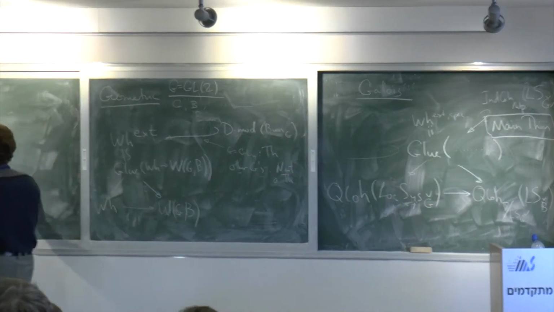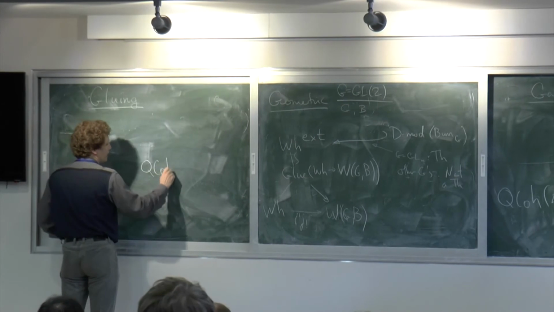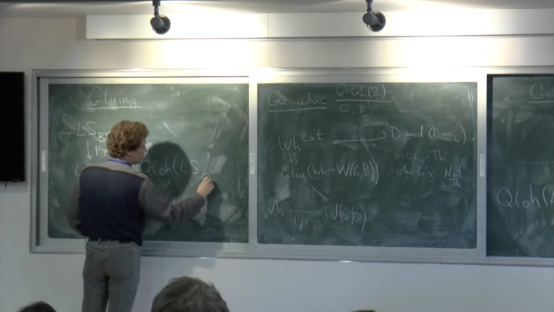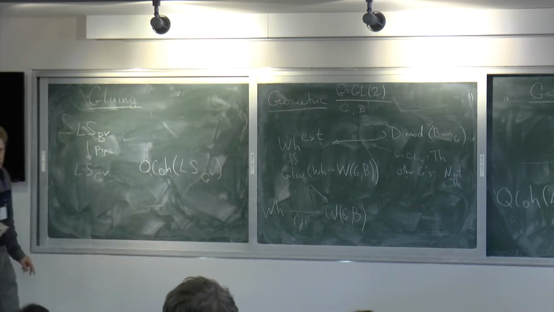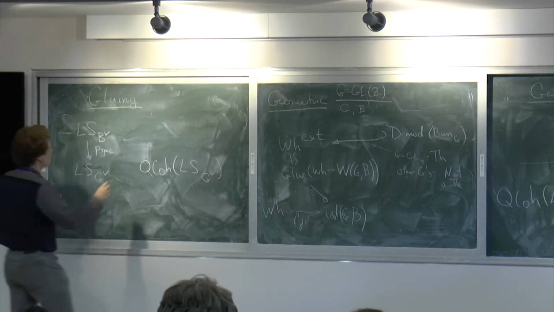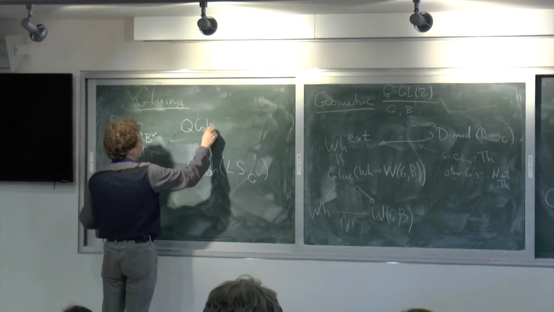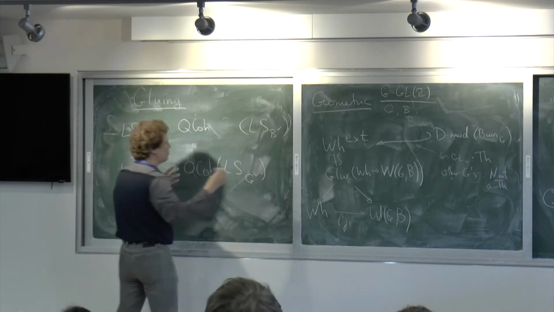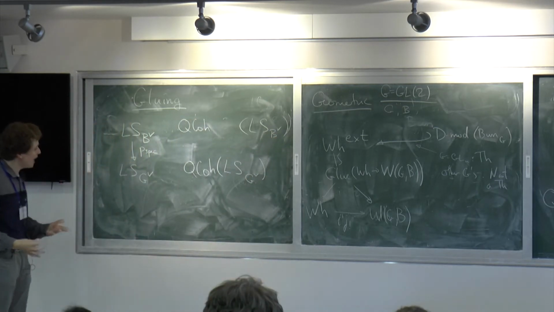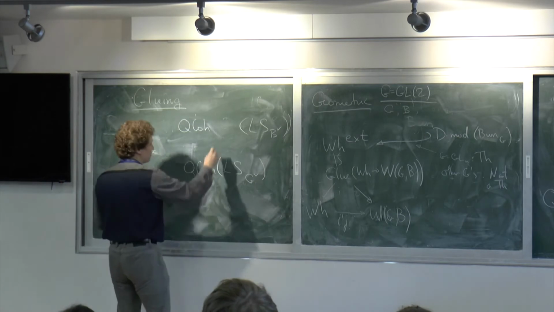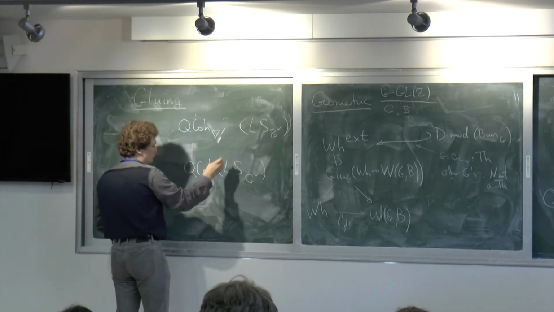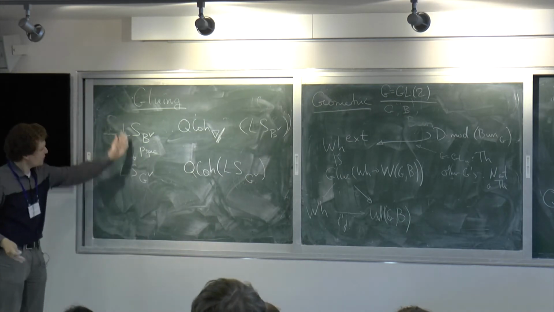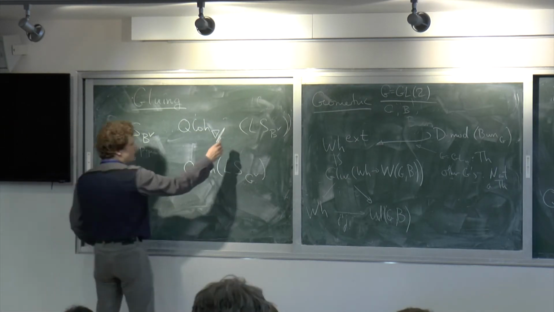So there's the category of quasi-coherent sheaves on local systems, and there's a category of quasi-coherent sheaves on, I guess, local systems with flags. But these sheaves are supposed to have a connection along the fibers of this map.